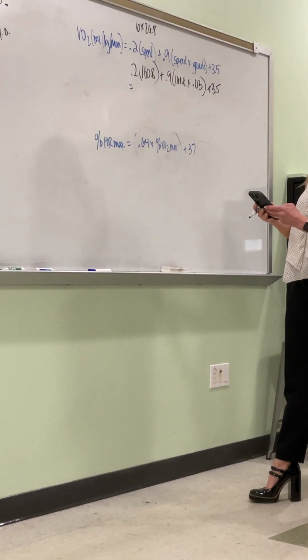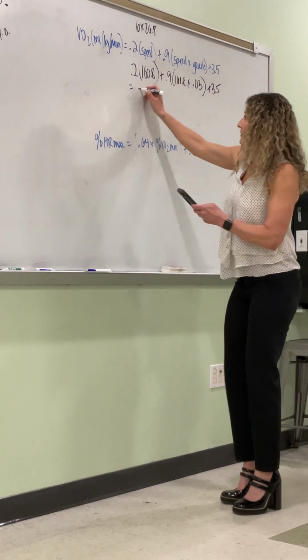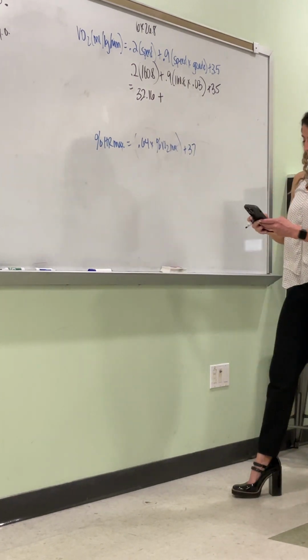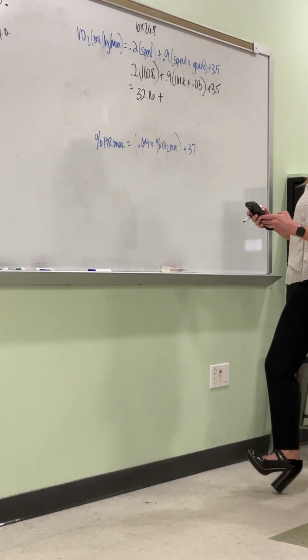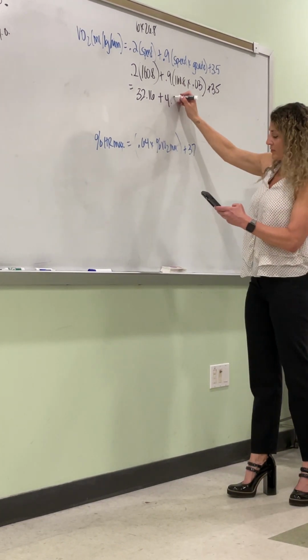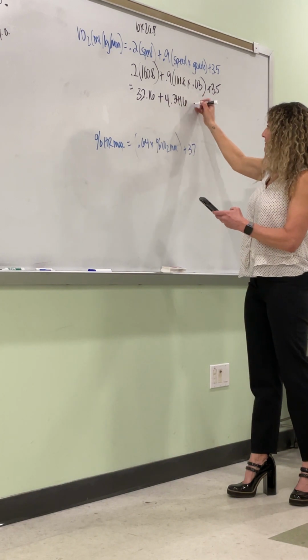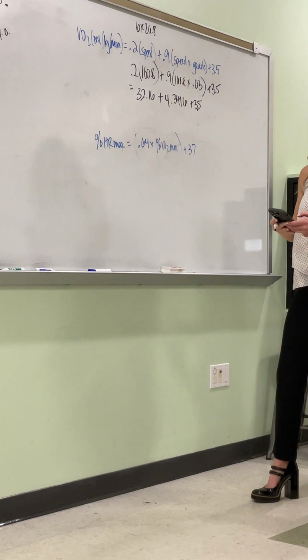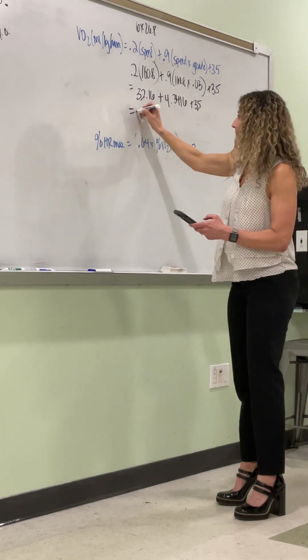Let's do this together. 0.2 times 160.8, that's 32.16, plus 160.8 times 0.03 times 0.9, which is 4.3416, plus 3.5, plus 32.16, where we get the 40.